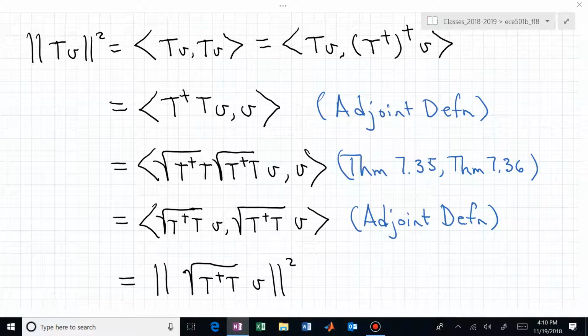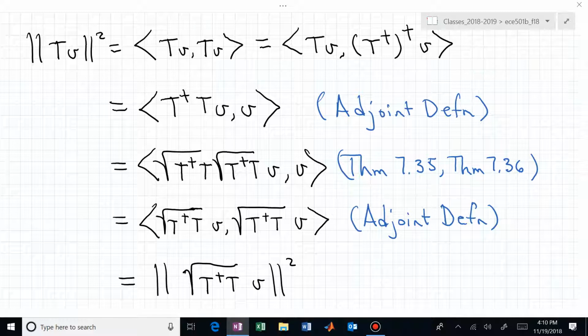Well, that's a positive operator because we said it's the unique positive square root, and the definition of a positive operator says it's self-adjoint. We want to use the self-adjoint property. We now know that the square root of T dagger T is self-adjoint, so we can push one of those operators into the second slot.